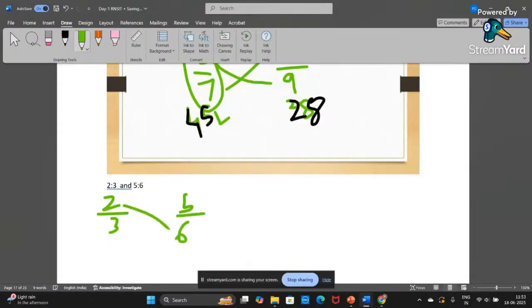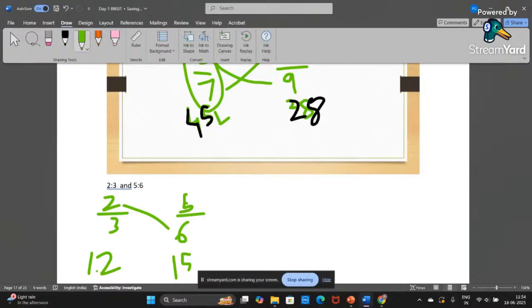You have to do the cross multiplication. 2 sixes are 12. Then here we have to do the cross multiplication. 3 fives are 15. Be careful while writing the number. Don't get confused. Instead of writing 12 to the left, if you write it to the right, that will be the wrong answer. You consider 2 as the numerator and multiply with the next number, the denominator.